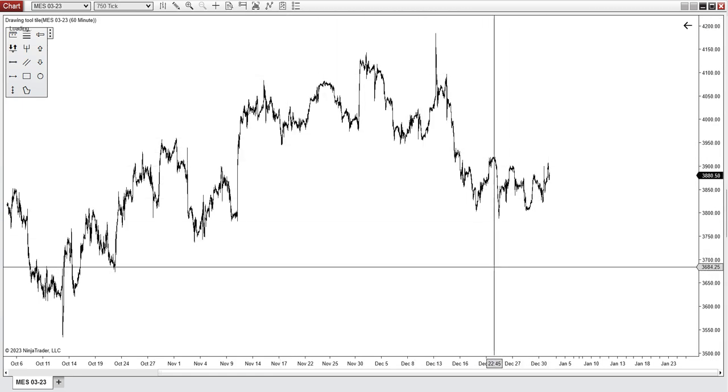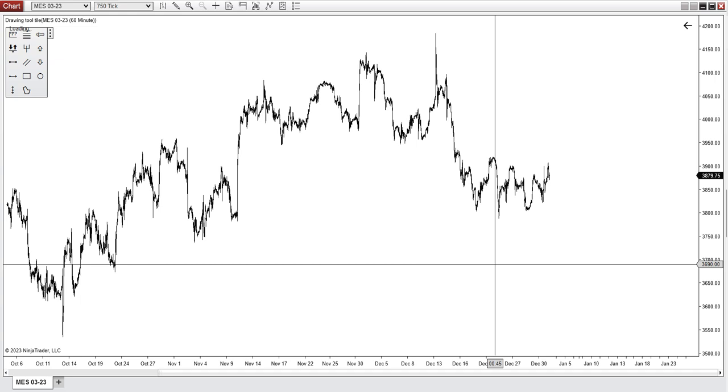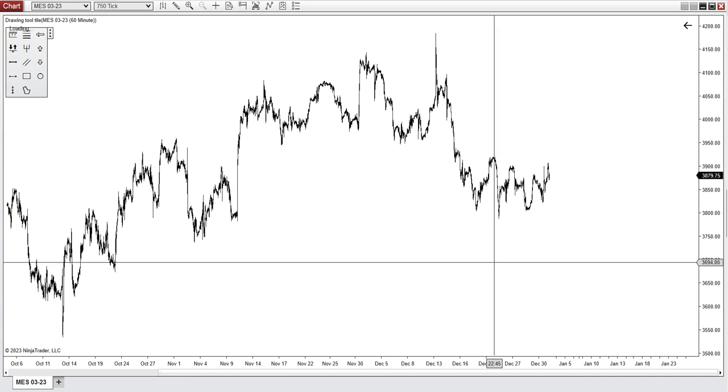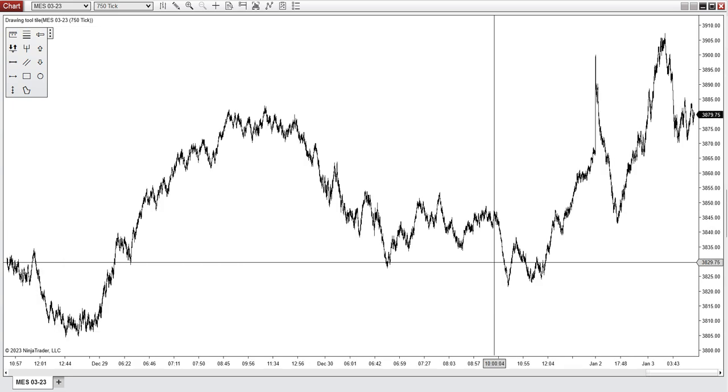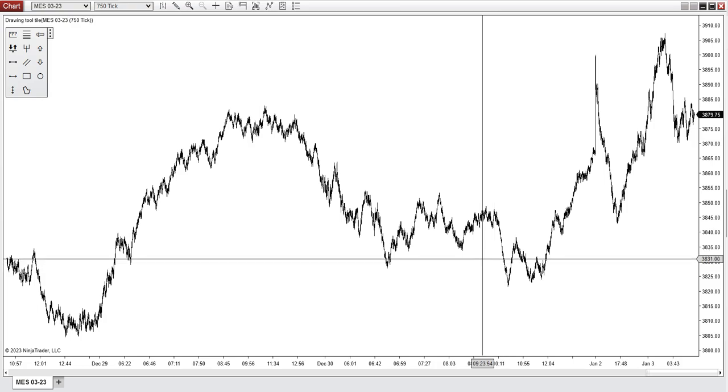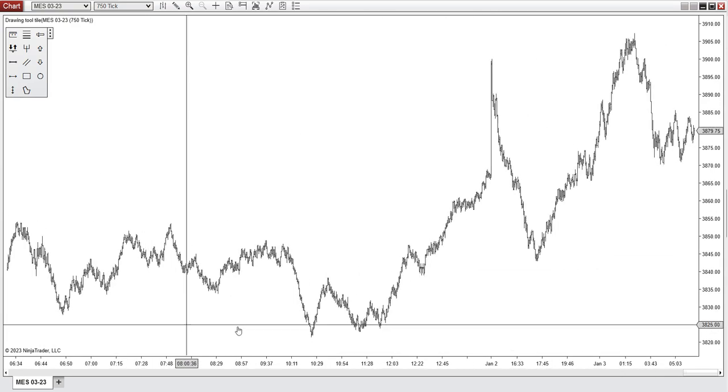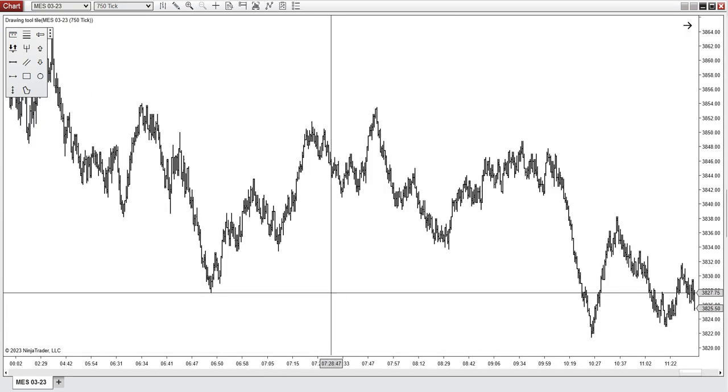Don't let it guide your day-to-day day trading, but use it as kind of a compass as you're moving forward into your trading. Remember, we're just trying to catch a swing that we can capitalize on.